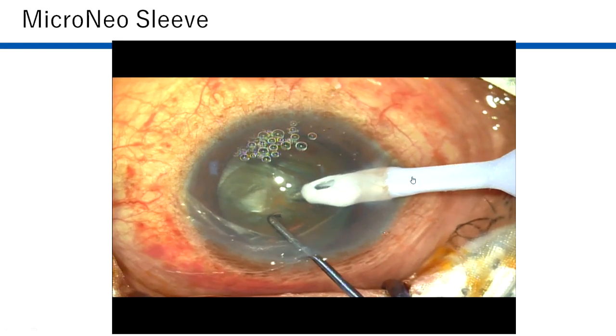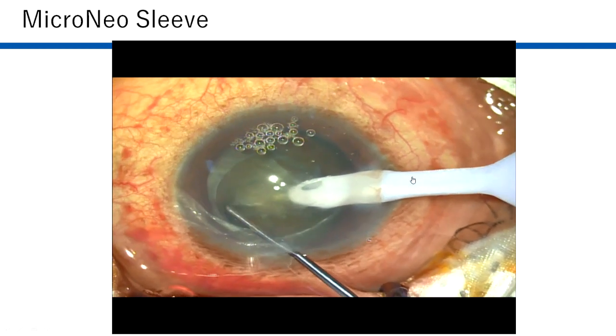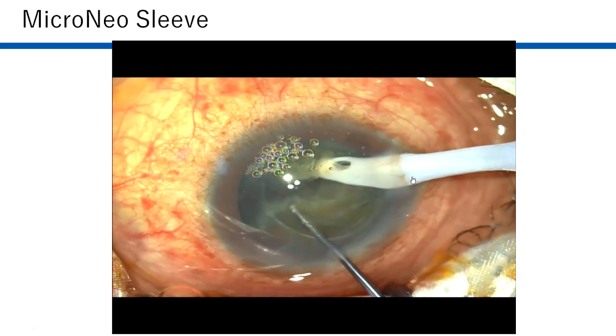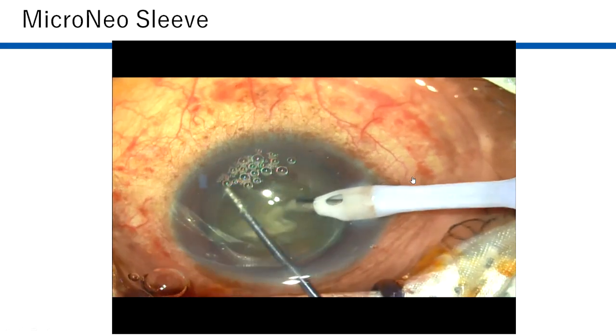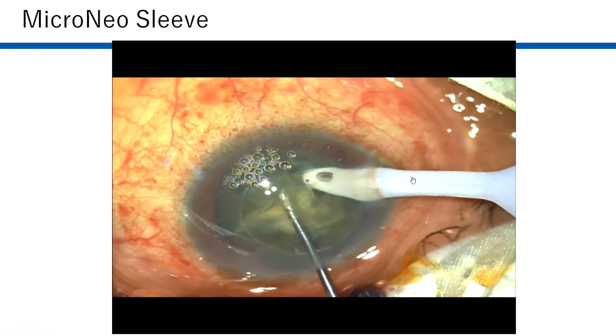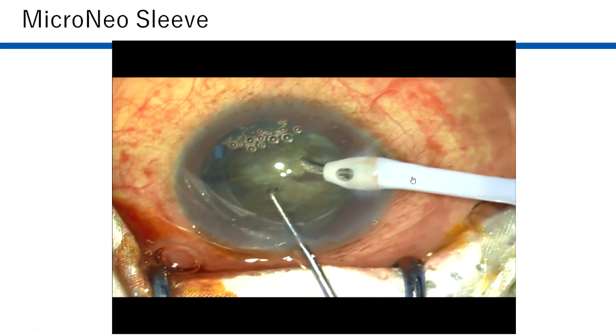And this is the micro neo sleeve, which has the possibility of high irrigation. This sleeve makes the chamber much more stable.